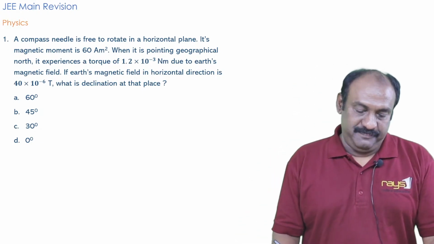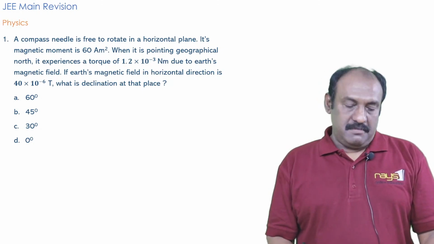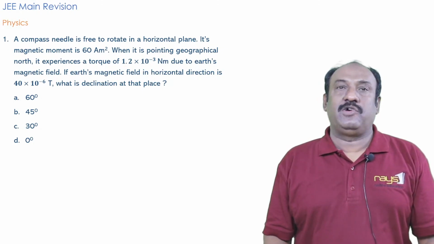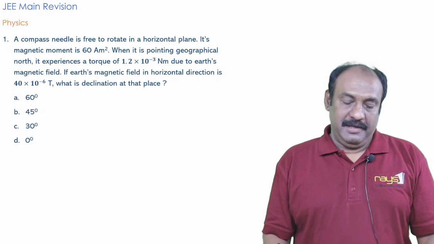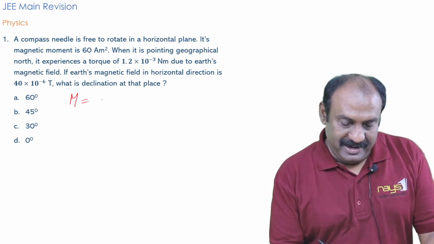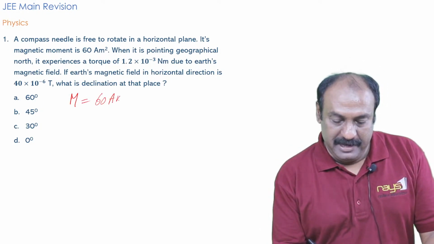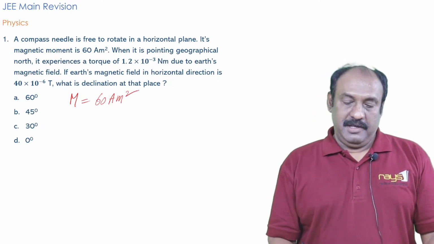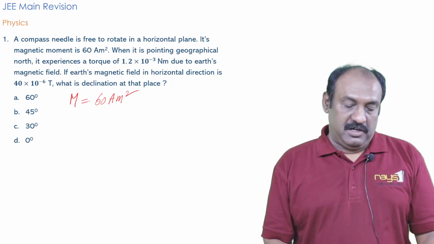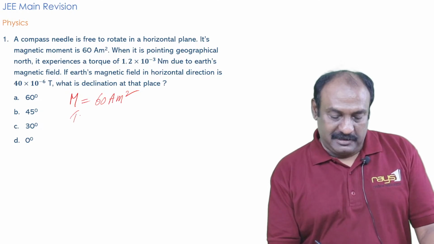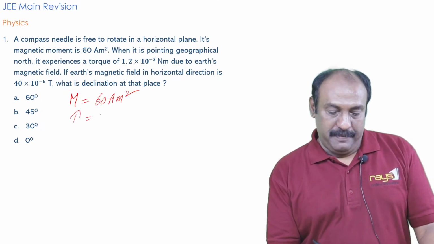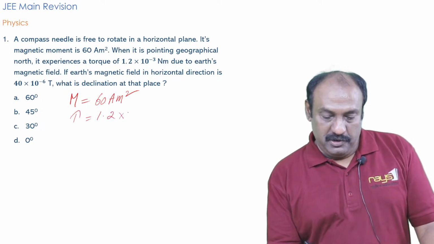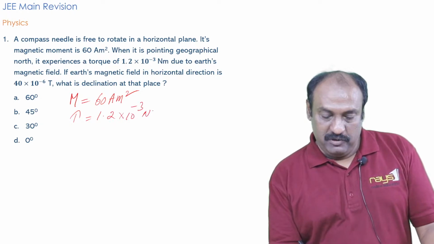See here, the compass needle is free to rotate in a horizontal plane and its magnetic moment is given as M = 60 ampere meter square. When it is pointing towards geographic north, it experiences a torque of 1.2 x 10^-3 Newton meter.